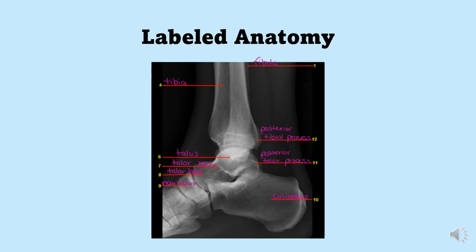For the lateral ankle, the anatomy included is the tibia, fibula, talus, talar neck, talar head, navicular, calcaneus, posterior talar process, and posterior tibial process.